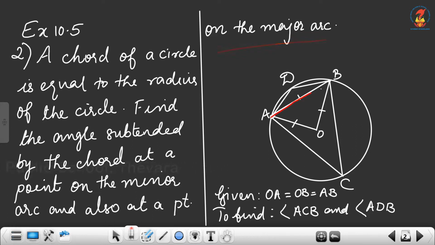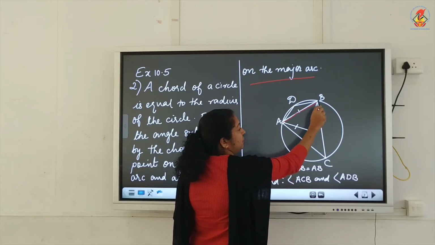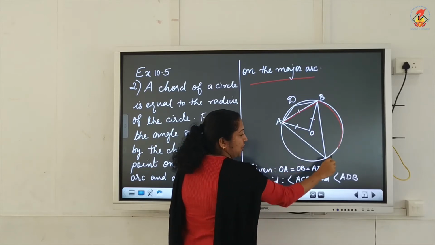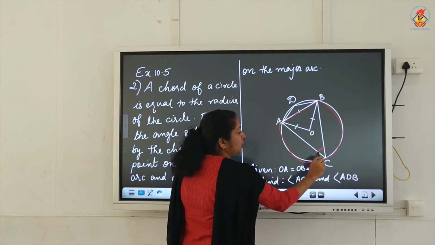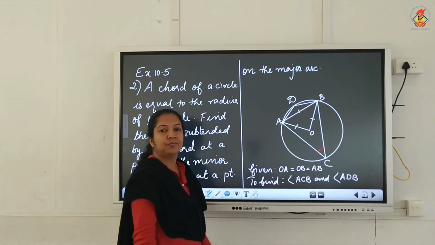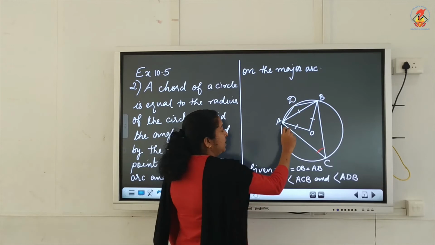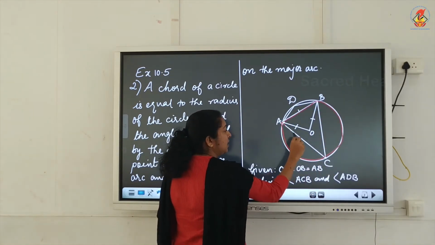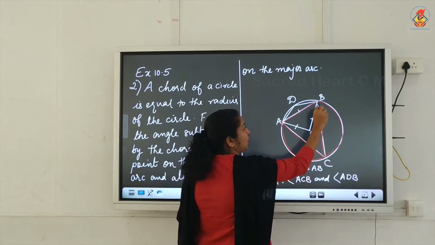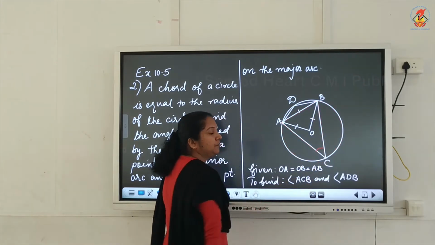See, this is a chord AB, and this is the major arc. So, this is the angle made by this chord at the major arc.